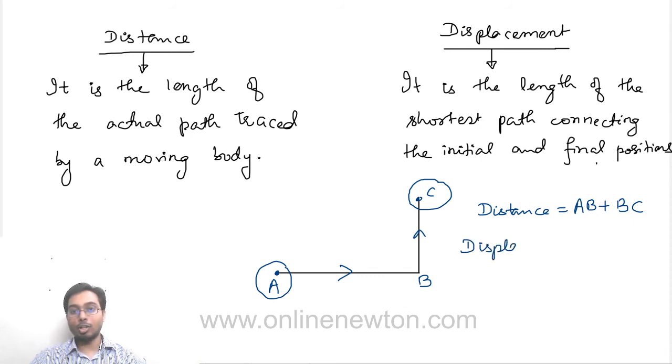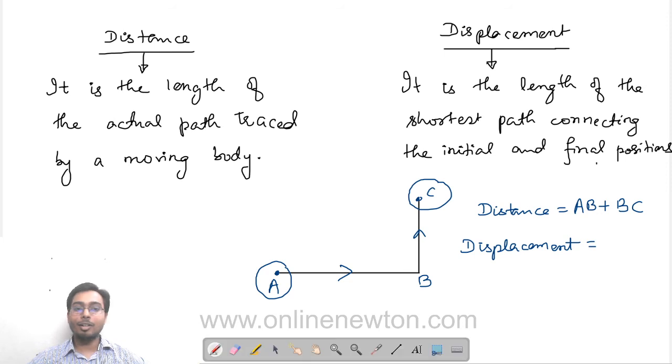Displacement would be the shortest path possible between A and C. Possible in the sense, it may not be practically possible, but mathematically you have to think what could be that path which would be connecting A to C, and it should be the smallest, and that could be simply a straight line. That's it.